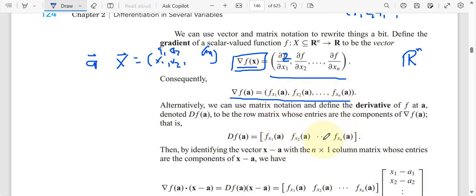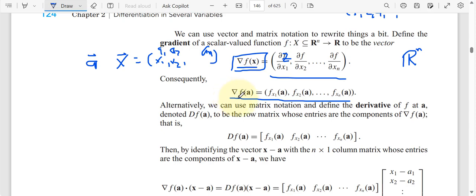It's just that here we have commas and here we don't, and here we have round brackets and here we have square brackets. When she writes it like this, she means it's a vector, and when she writes it like this, she means this is a matrix. That's the only difference here.